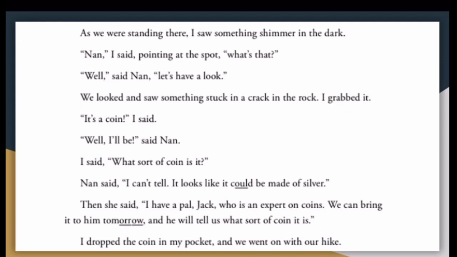I grabbed it. It's a coin, I said. Well, I'll be, said Nan. I said, what sort of coin is it? Nan said, I can't tell. It looks like it could be made of silver. Then she said, I have a pal, Jack, who is an expert on coins. We can bring it to him tomorrow, and he will tell us what sort of coin it is. I dropped the coin in my pocket, and we went on with our hike.